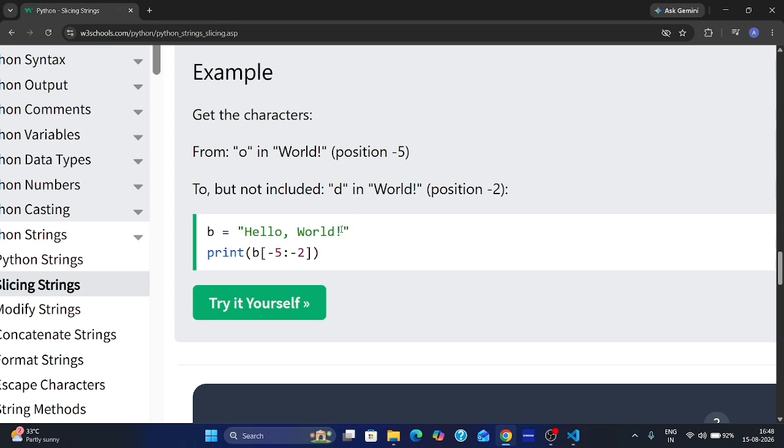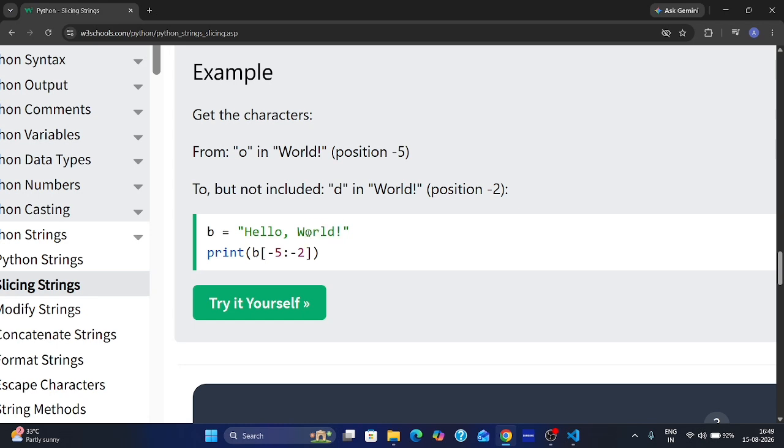It will start from 1. So this is -1, -2, -3, -4, -5, -6, -7, -8, -9, -10, going up to negative. Okay. So here is -5: this is -1, -2, -3, -4, -5.